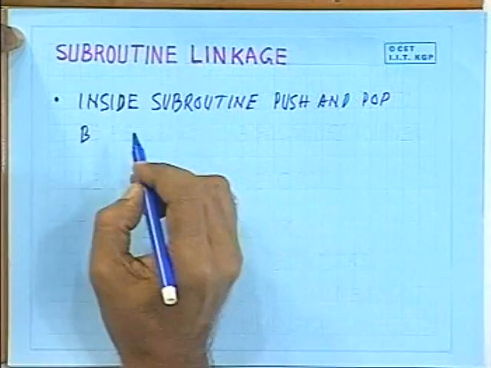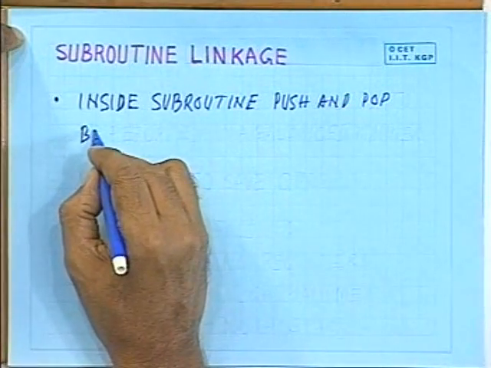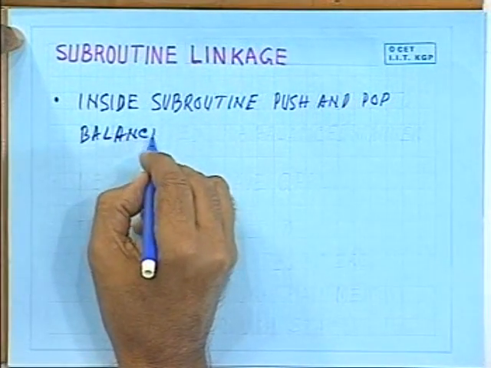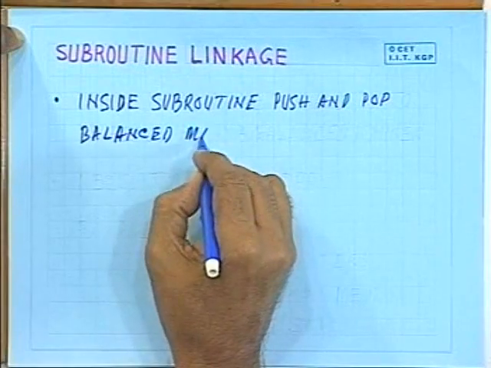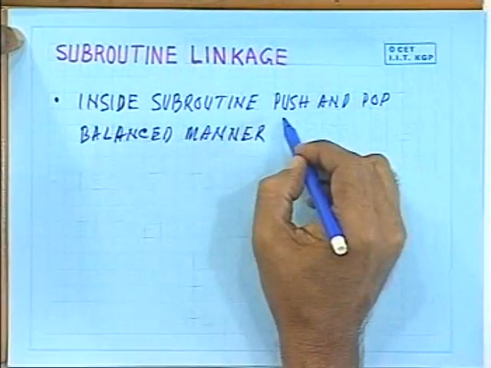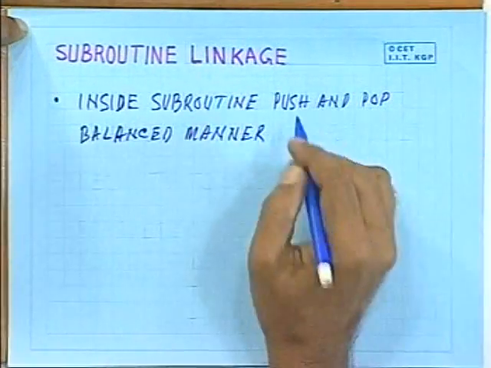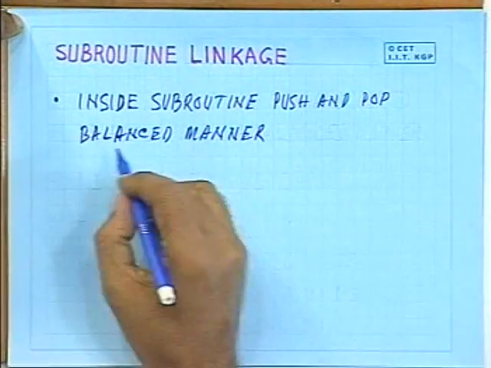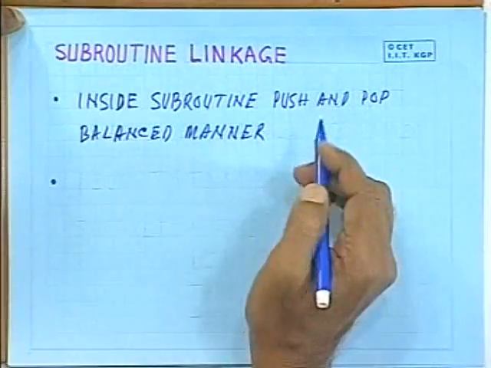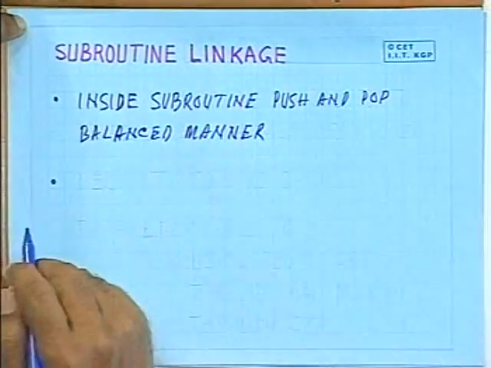Otherwise, you will not be able to return from the subroutine. So, the push and pop should be performed in a balanced manner. That means the number of push and number of pop has to be the same. This is a very important consideration, otherwise you may lose the return address.